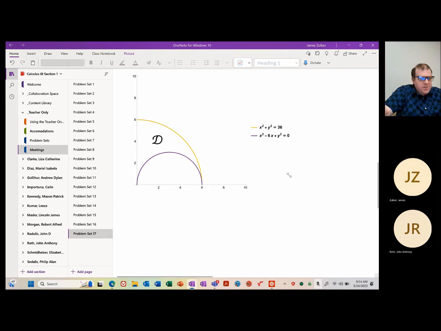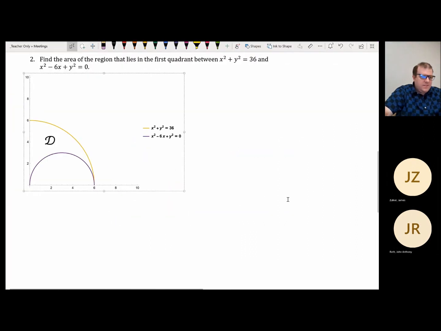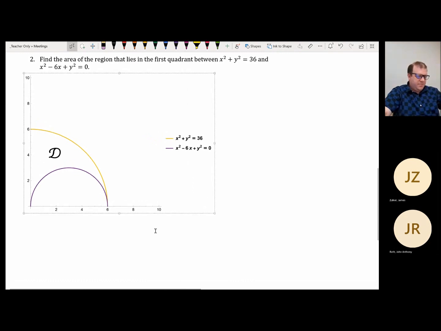Let's make that maybe a tad bit smaller. There we go. Well, this just looks like a bloody nightmare to do rectangularly. So let's try it in polar.